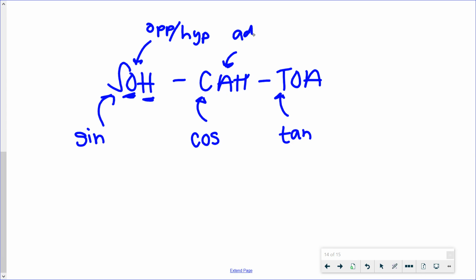Cosine is adjacent over hypotenuse, and tangent is opposite over adjacent. So this is a good little phrase that you can use to help you keep in line which sides each function uses. So sine uses opposite hypotenuse, cosine uses adjacent hypotenuse, tan uses opposite adjacent.